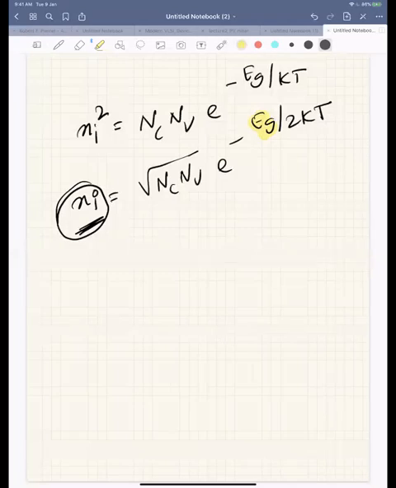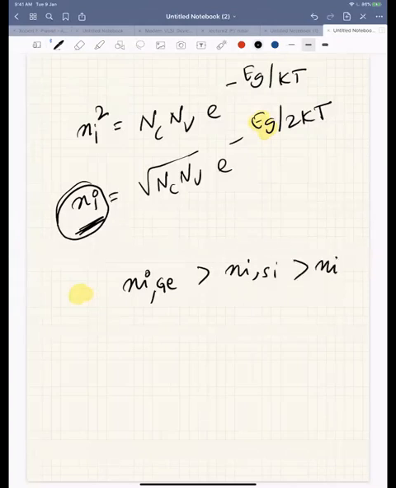So your Ni in germanium is more than Ni in silicon, and Ni in silicon is more than Ni in gallium arsenide, because germanium has a band gap of 0.66 eV, silicon has a band gap of 1.12 eV, and gallium arsenide has a band gap of 1.42 eV.